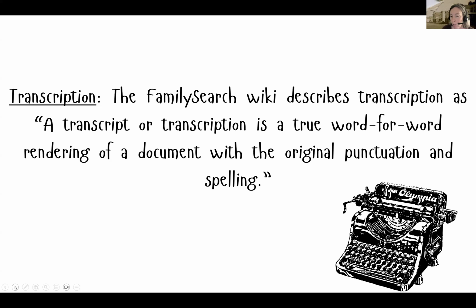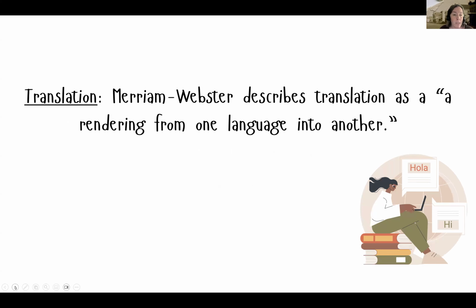Well, initially it started out as an easy way to take home copies of records when you couldn't easily make copies. In translation, we often use them to deal with the fact that the document is handwritten so that we're not trying to read handwriting, think paleography, and translate at the same time. What's the definition of translation? Merriam-Webster describes translation as a rendering from one language into another.